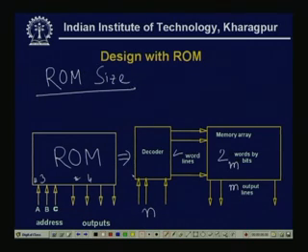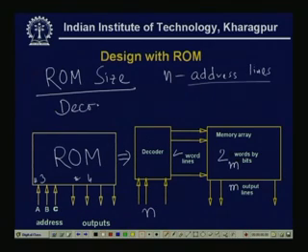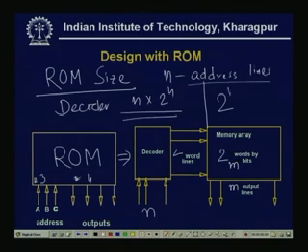These are the n address lines, or sometimes we call them address bits. So the decoder is n by 2 to the power n, and this memory array will be 2 to the power n by m, where m is the output.